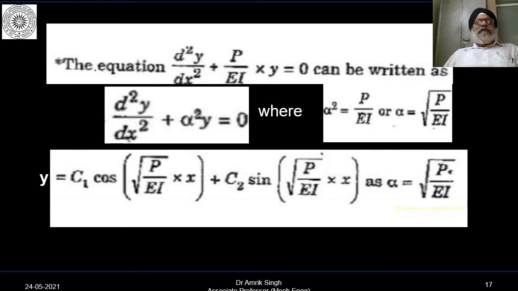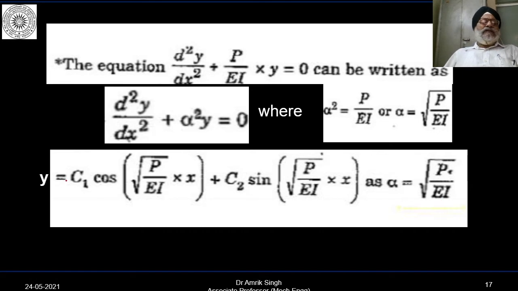You can see the equation can be written in this form, where alpha square is this, alpha is this. So y is equal to, the solution of this equation is C1 cos under root of P upon EI into x plus C2 sin under root P upon EI into x, where alpha is this.